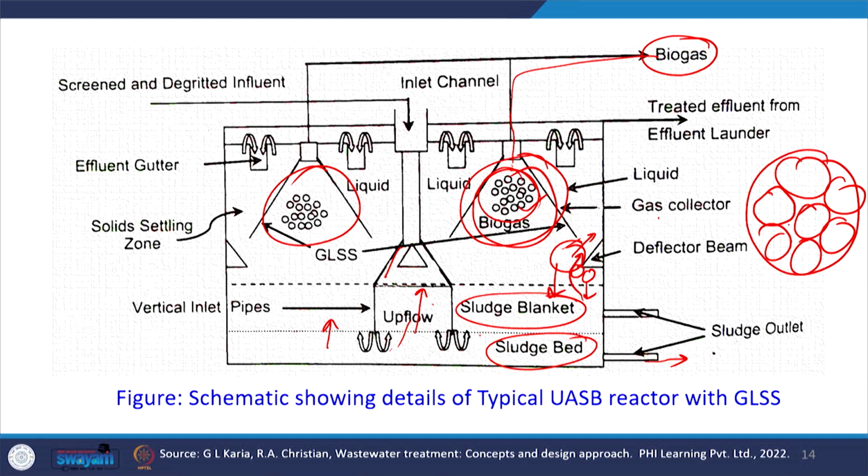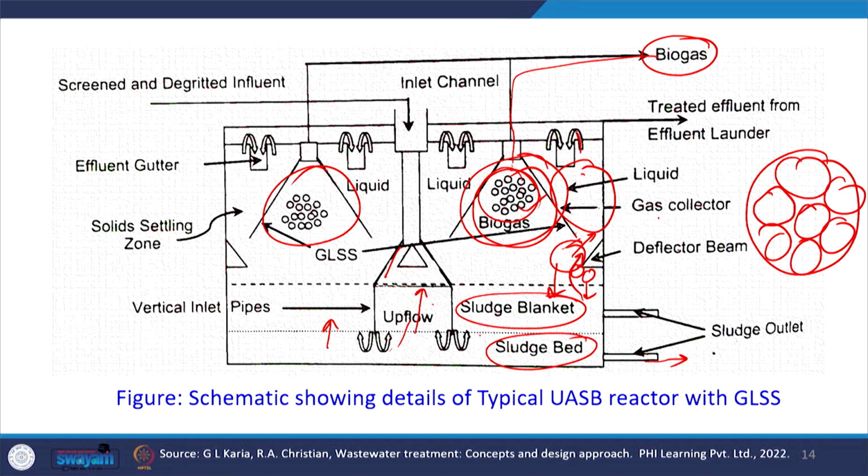Similarly, below that there will be a solid-liquid separation unit, in the form of deflector beams at the bottom portion of the reactor system, which will actually separate out. In between, this area also works as a separation unit, a settling chamber in a way, so that the solids are not carried out.